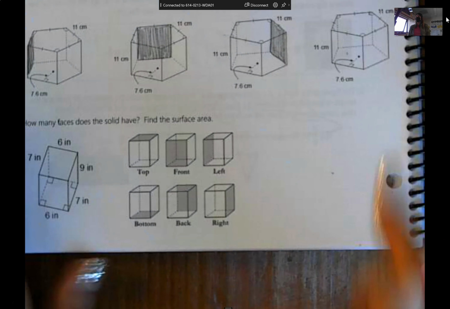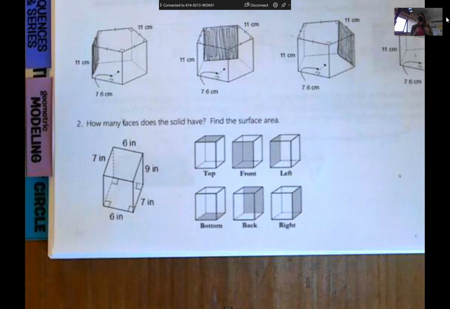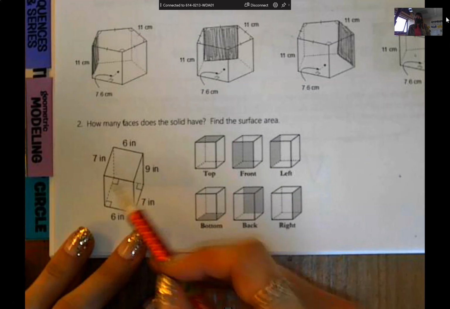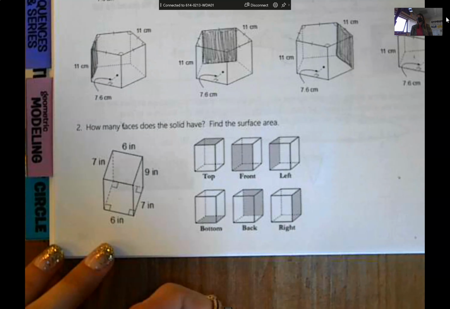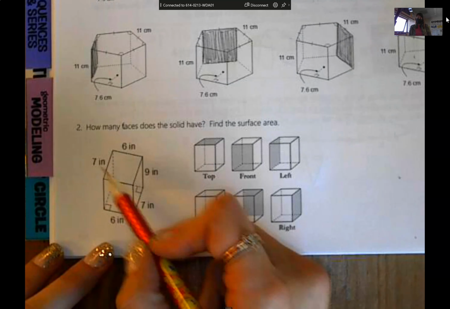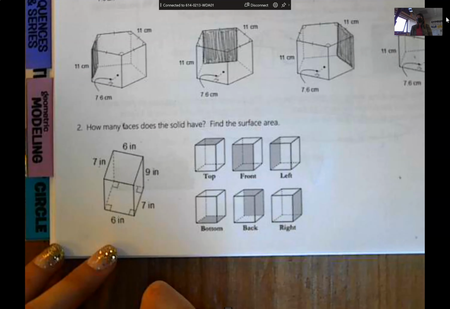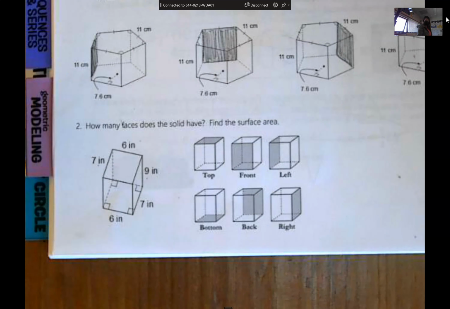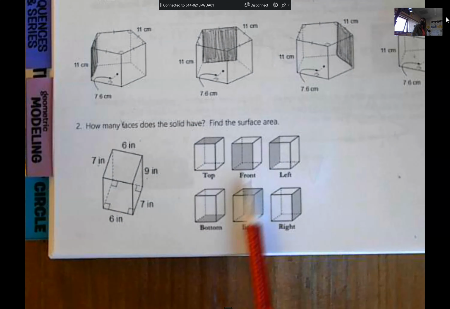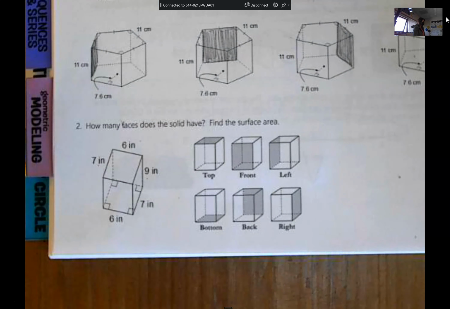So now we have this rectangular prism. This is not a cube. This is a rectangular prism, and the reason why is because all of the side lengths are different. A cube would be 7, 7, 7, but this one, each side length is different. I have highlighted to the right all of the faces for this rectangular prism.